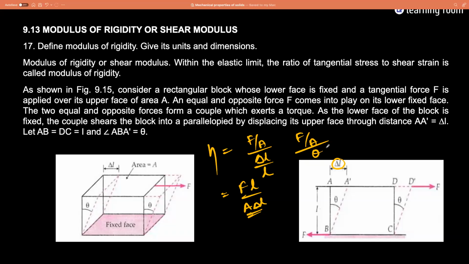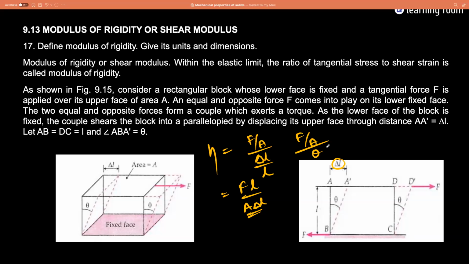It's a three-dimensional parallelogram. A cuboid, when you compress it like this, is called a parallelogram. The top surface and bottom surface will be at a certain distance and will not be inclined to each other at 90 degrees. But the other surfaces will be at 90 degrees.